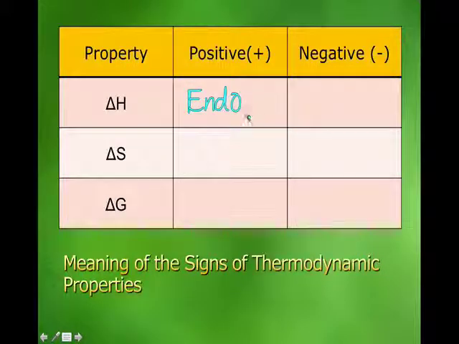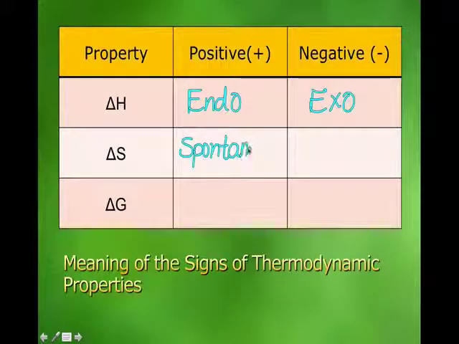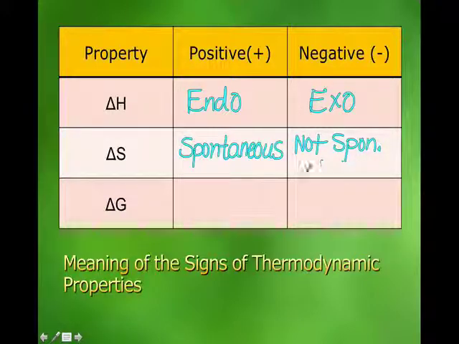So energy is going in. If it's negative, it means it's an exothermic reaction. If delta S is positive, that means it's becoming more random, more disordered. And if it's negative, it's not spontaneous, or you also hear that it's spontaneous in the opposite direction.